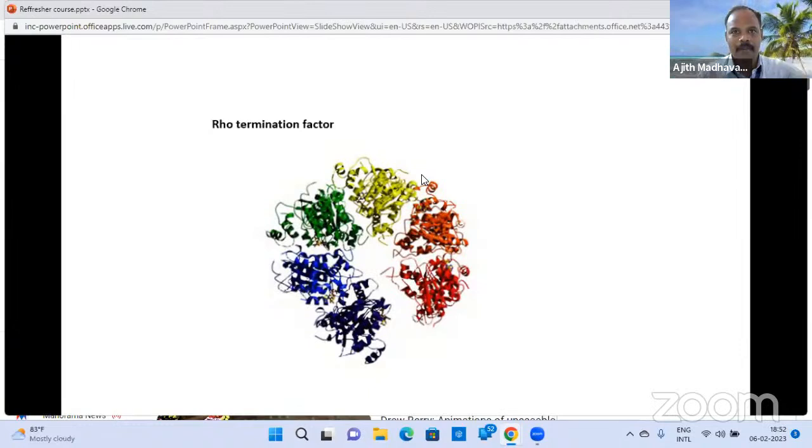Now, very quickly, the DNA molecule has a certain region which is ready now for transcription. It has a promoter region to which the polymerase goes and binds. It moves and reaches. As it moves, it adds one nucleotide at a time, and the nucleotides are connected by phosphodiester bonds, and you have a stretch of single-stranded RNA molecule being produced.